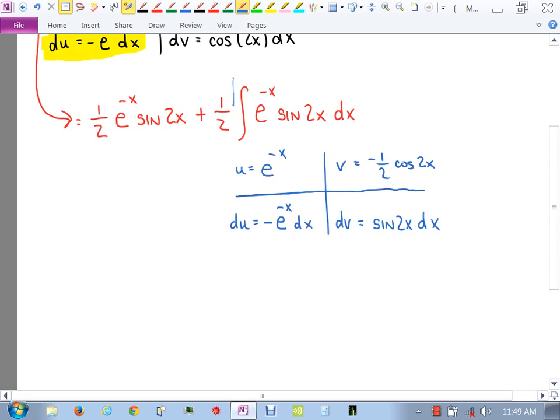Now keep in mind here, all we're working on right now is this integral that I've boxed. We still have all that stuff in front of it, right? We've got the 1/2 e to the negative x sine 2x plus 1/2. Now let me take this box down here and write it down, ultraviolet minus voodoo. So that's going to be negative 1/2 e to the negative x cosine 2x minus or plus?